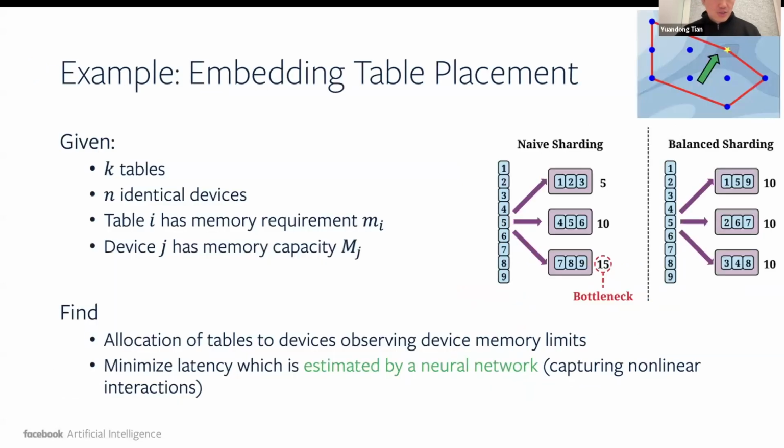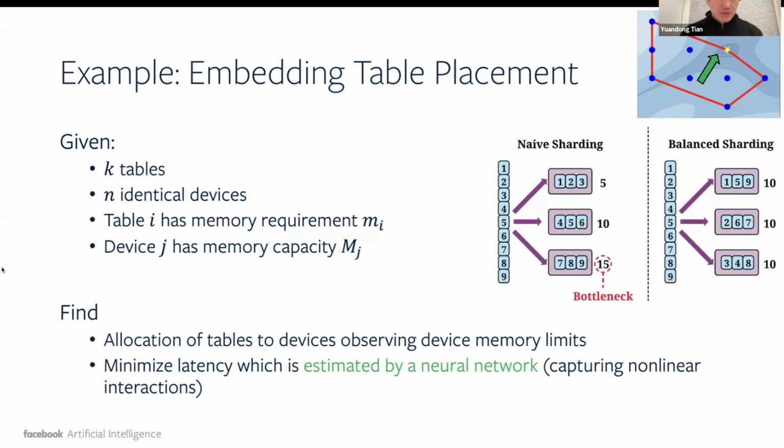That's a big problem. Here's one example we actually encountered in production, when we were discussing with the production team whether we can do anything about it. In this case, you have K tables and N identical devices. These devices basically mean GPUs. You want to put these K embedding tables into these devices so that each device will hold as many tables as possible, but still within the limit of the memory capacities.